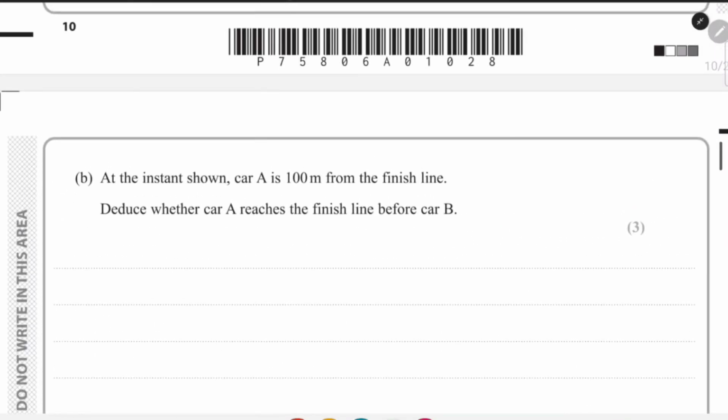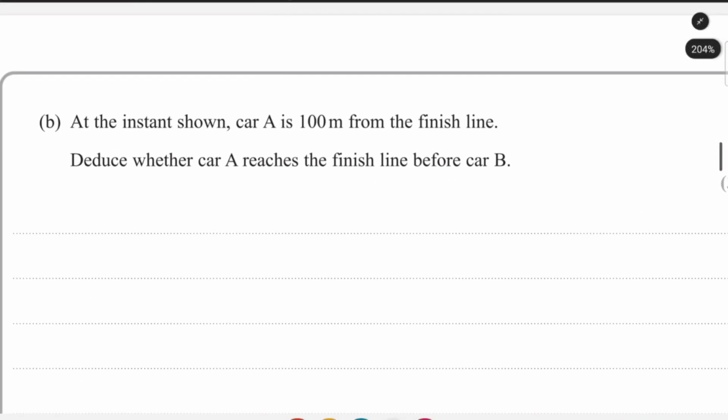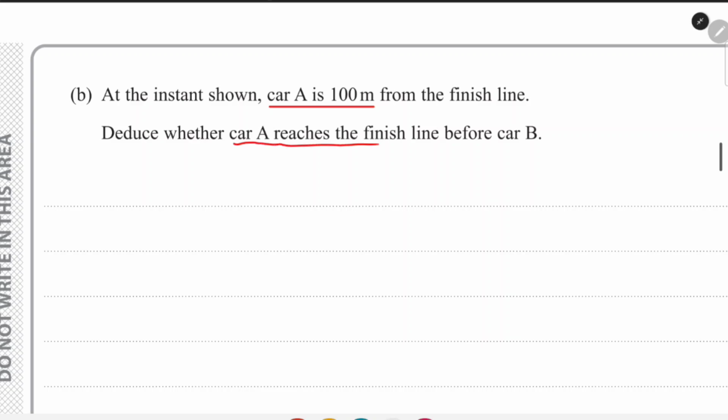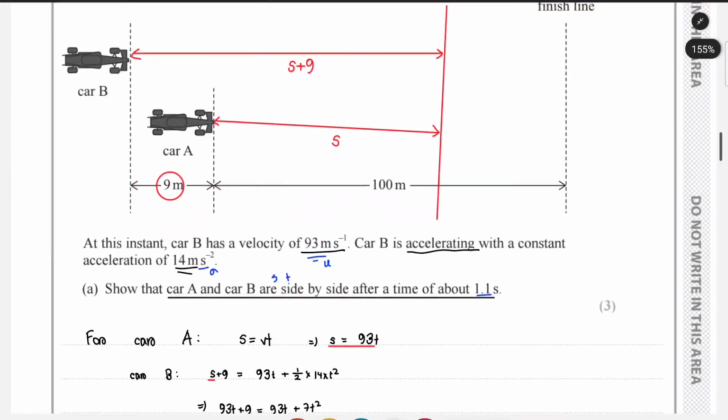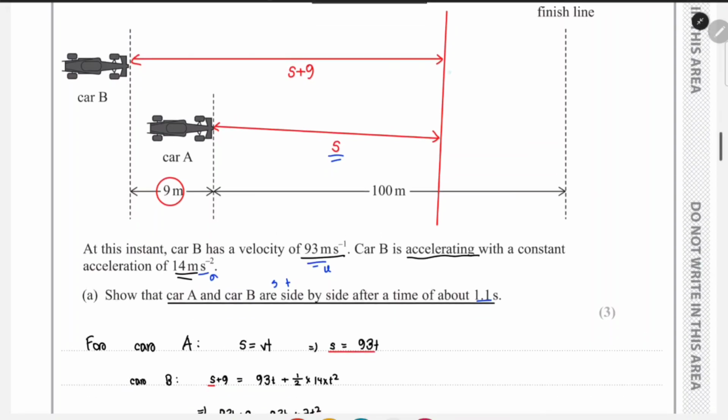Now for part B, we know that this car A is 100 meters from the finish line. We need to find out whether car A reaches the finish line before car B. The easiest solution would be to find this s because we have already done the working for it. If I know that this line where they are together is before the finish line, since car B is accelerating, it will eventually have a higher velocity.